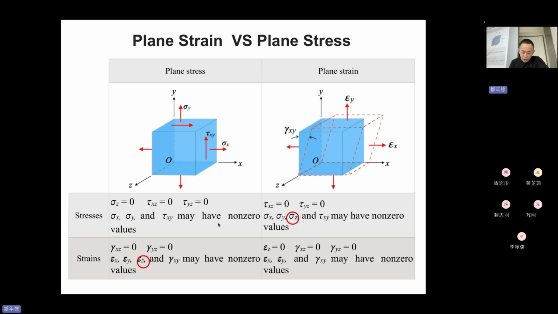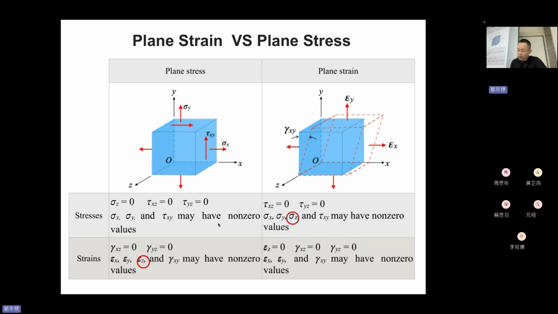Then we talk about plane strain. Plane strain means that we have epsilon x, epsilon y, gamma xy, and when the z component appears in epsilon z, gamma xz, gamma yz, they become 0, 0, 0.